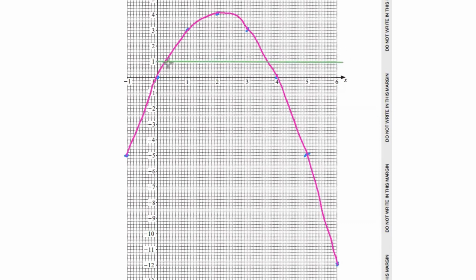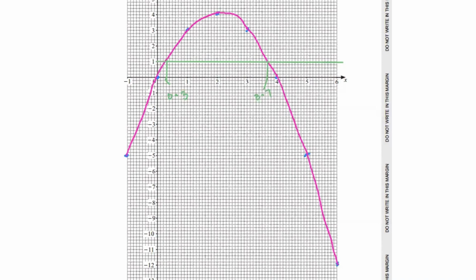At y equals 1, we have these 2 points. Approximately 0.3, and I think 3.7. This is what I'm getting. Yeah, that's within the range.